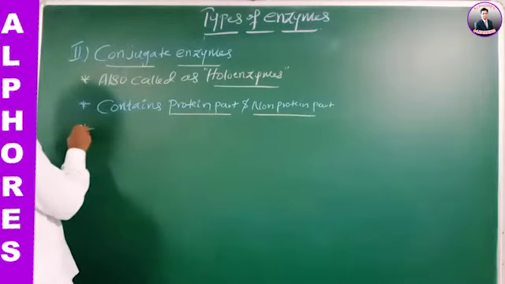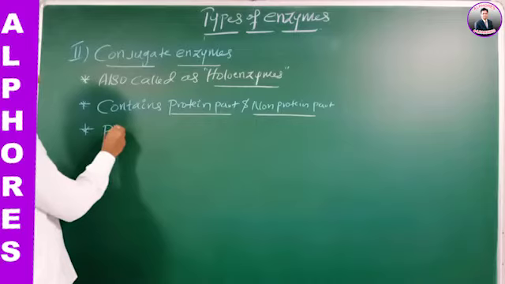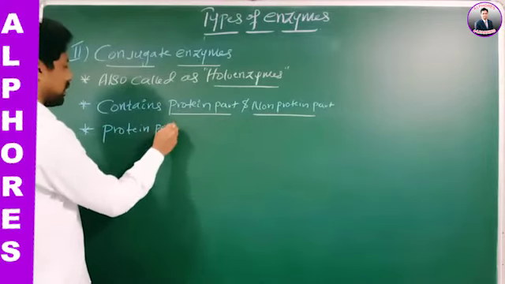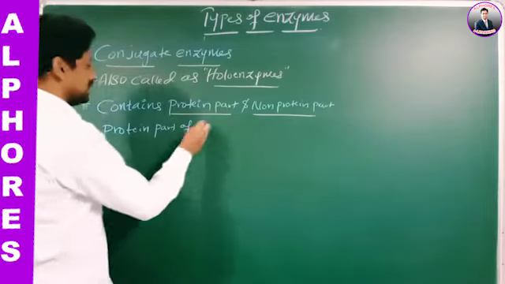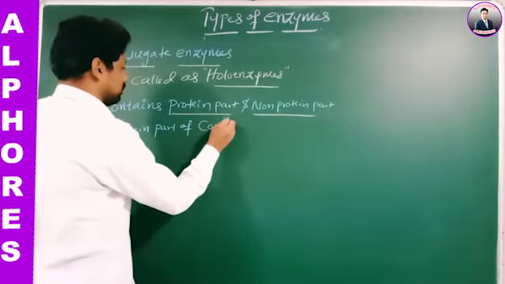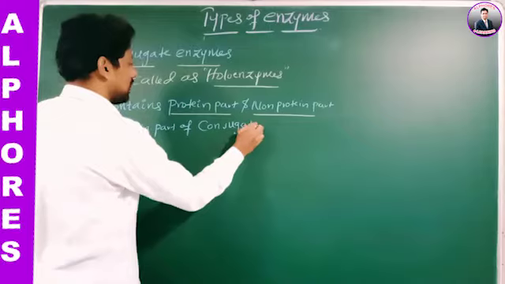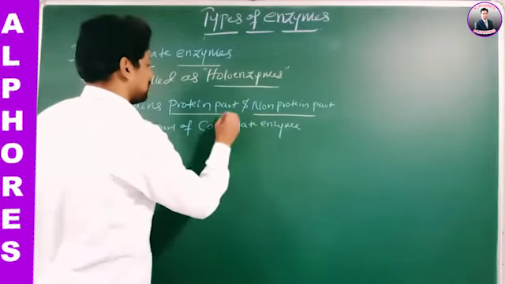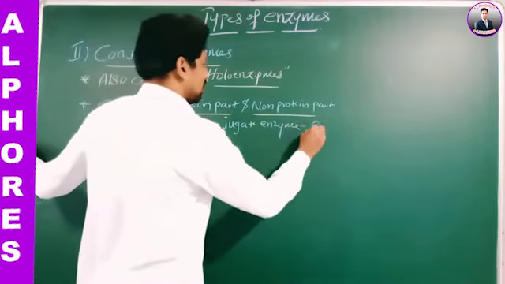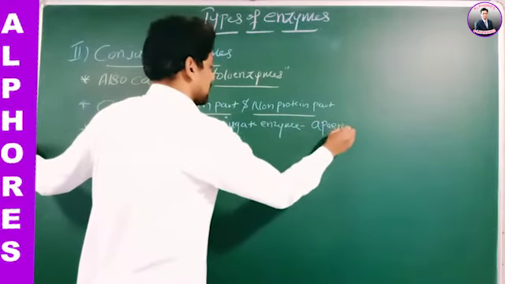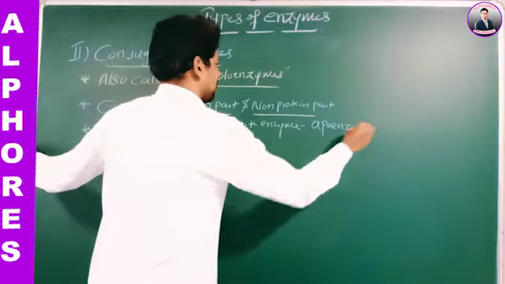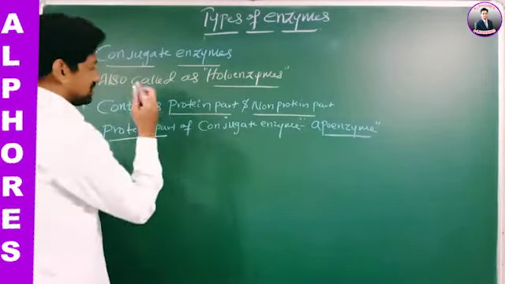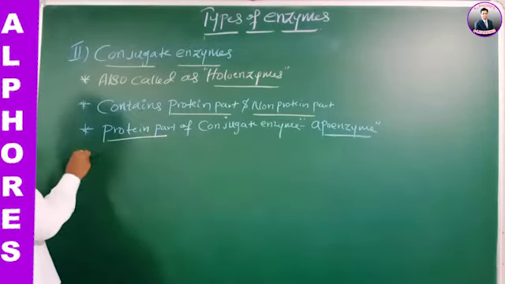Cofactor, right? Protein part of conjugate enzyme is called what, sir? Apoenzyme. Which part is it? Protein part. Okay.